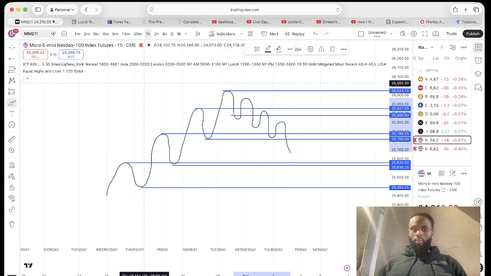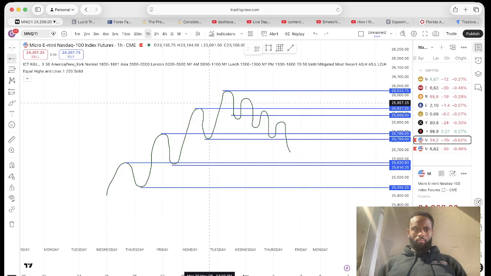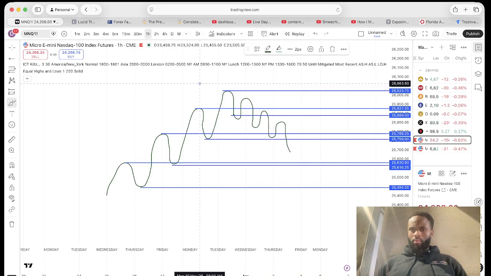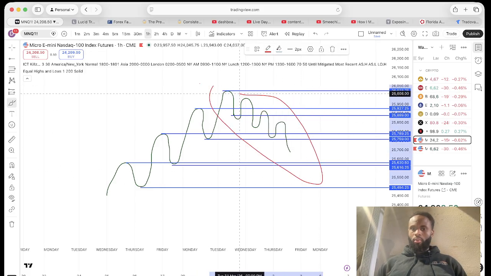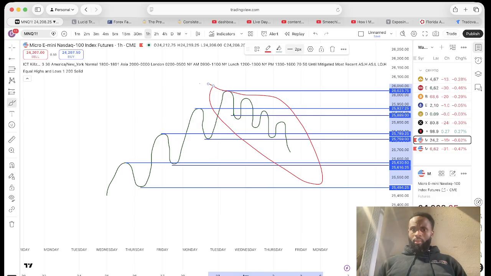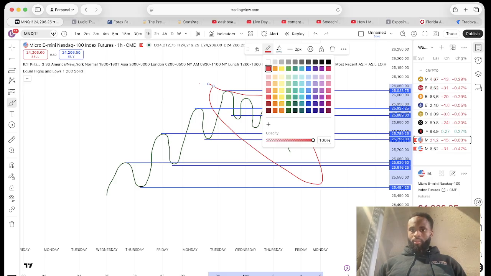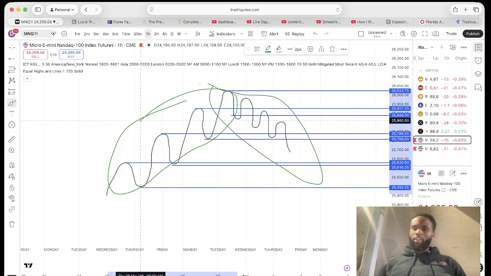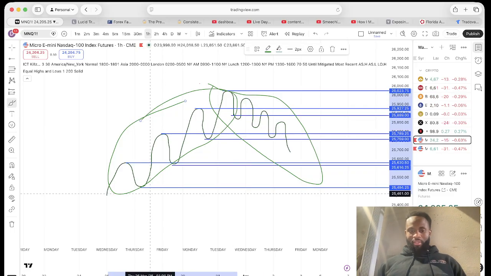So this would be the trend. This would be the downtrend, and this would be the uptrend, if this chart makes sense.